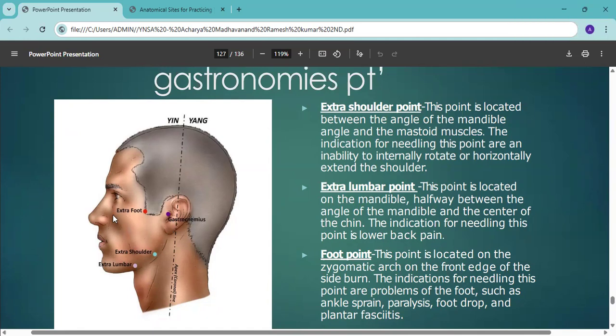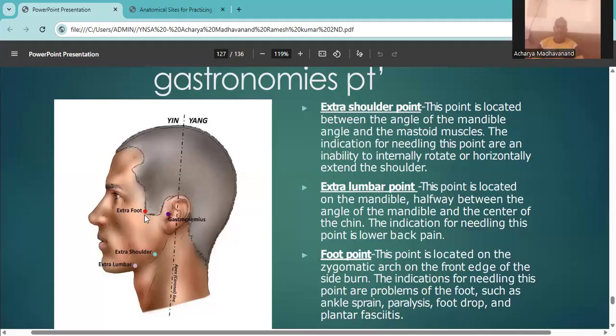In this picture you see red point is extra foot point. Then near the ear there is gastrocnemius point. On the corner, extra shoulder point. This point is located between the angle of the mandible and the mastoid muscle.